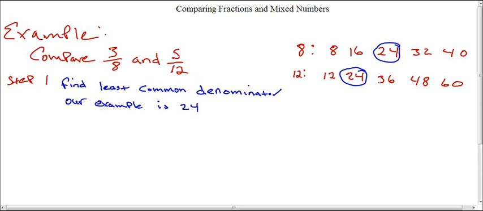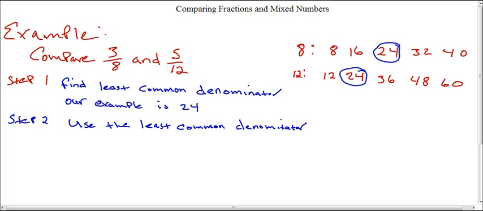Alright, step 2, use the least common denominator to write equivalent fractions.